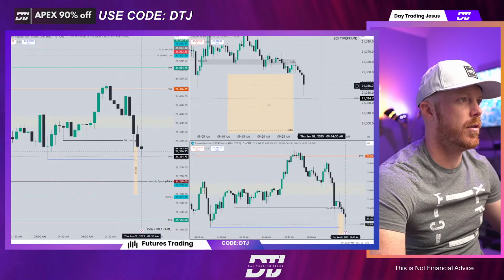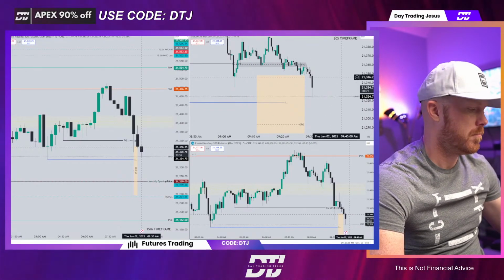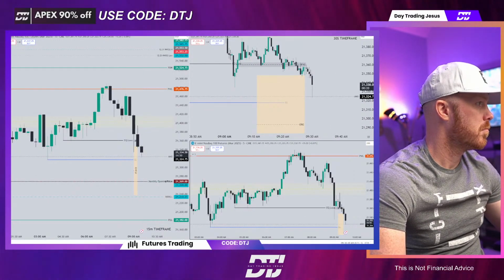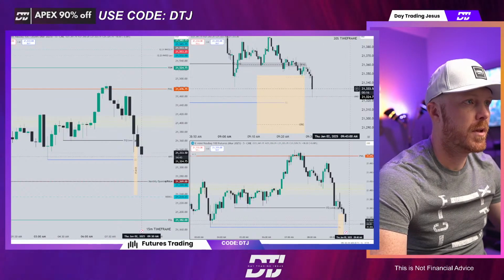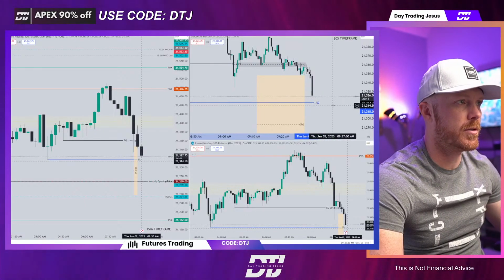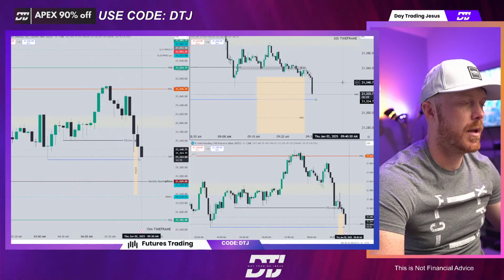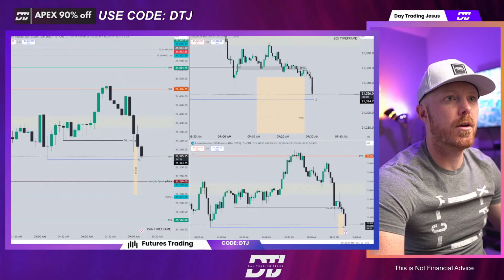Nice reaction there, lower. That's what I wanted to see. Perfect. Tag of midnight open, and then we have London open or London price right here. We'll see if we can tag that and see what price wants to do once we tag that low.